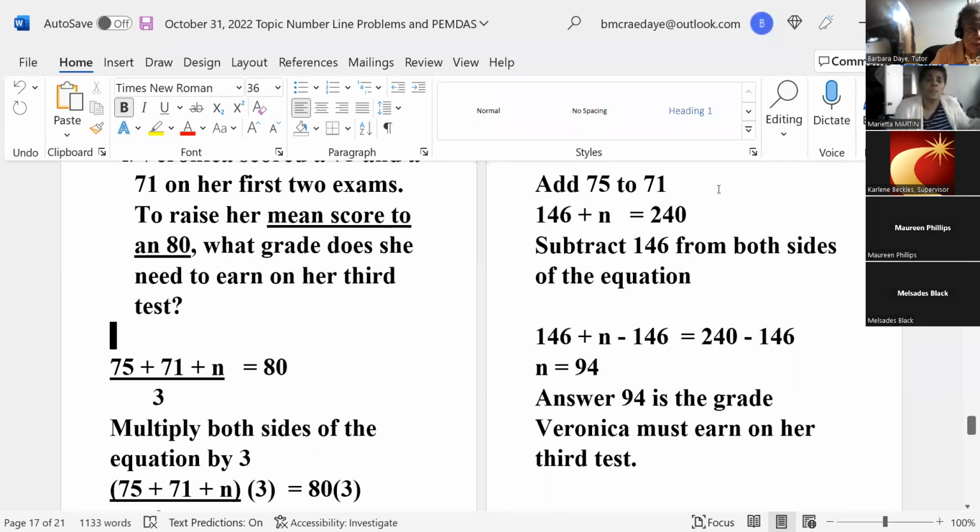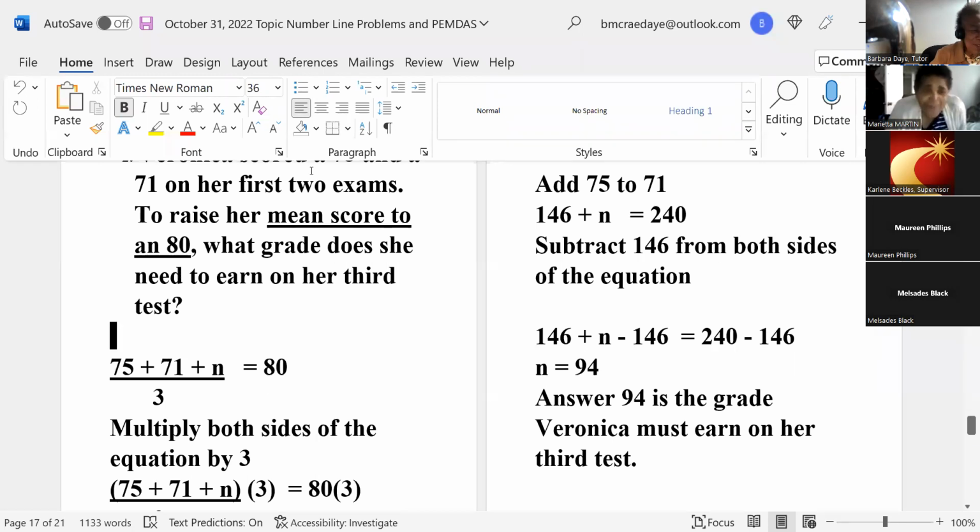What does that equal, Marietta? What do you get? 75 plus 71 is 146. That's where we got the 146.